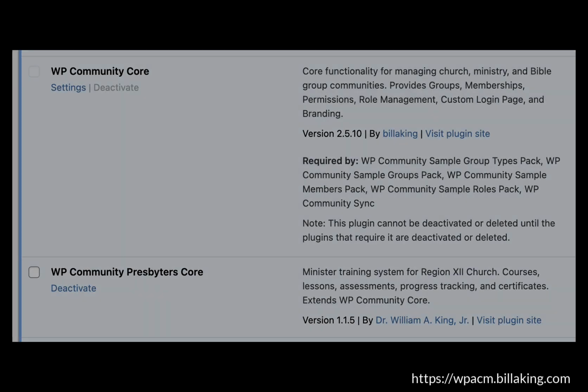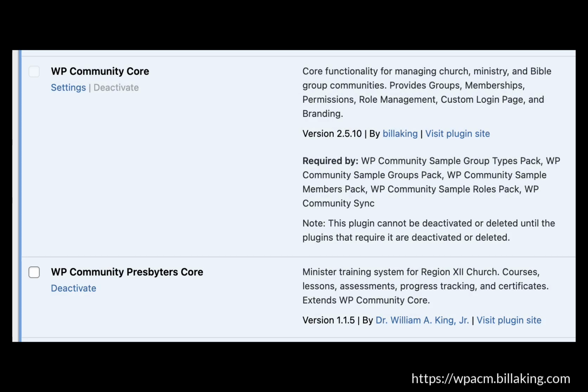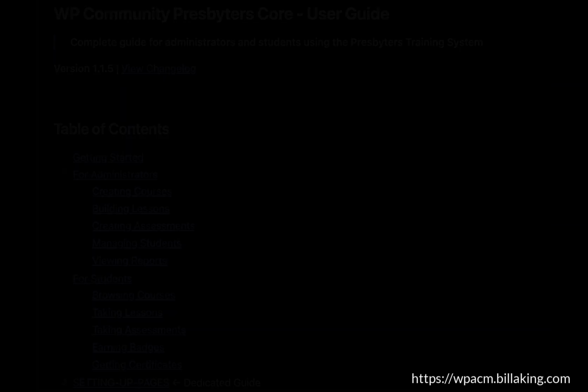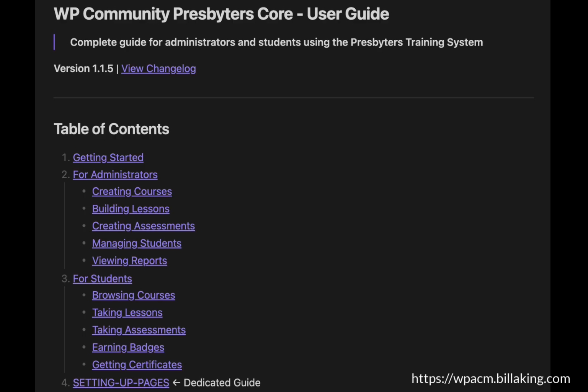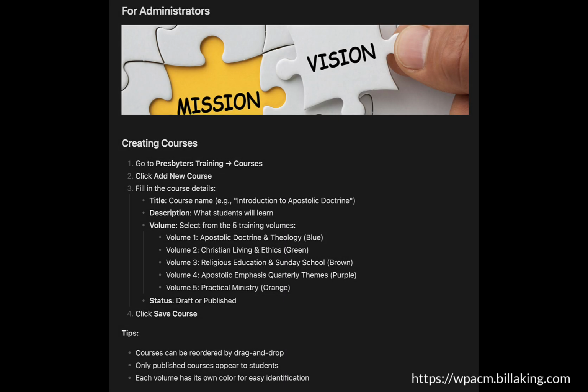This is called the WP Community Presbyters Core. It's a core program for students and administrators, so you can administer complete courses on any WordPress built sites. So let's take a look.